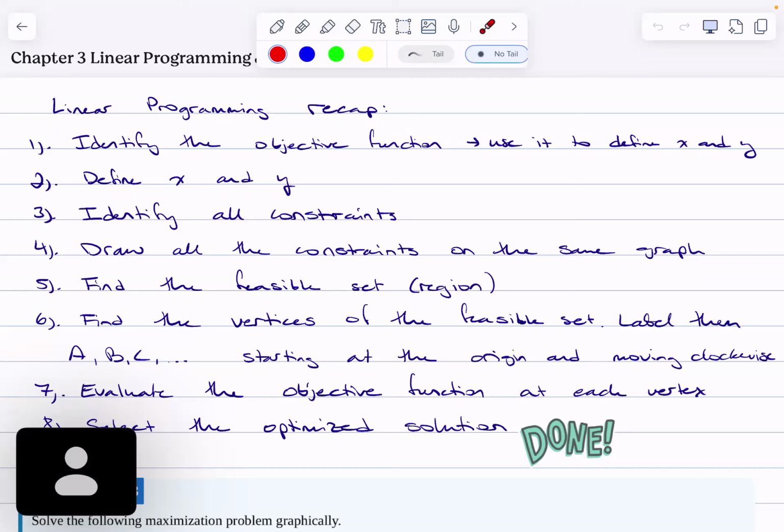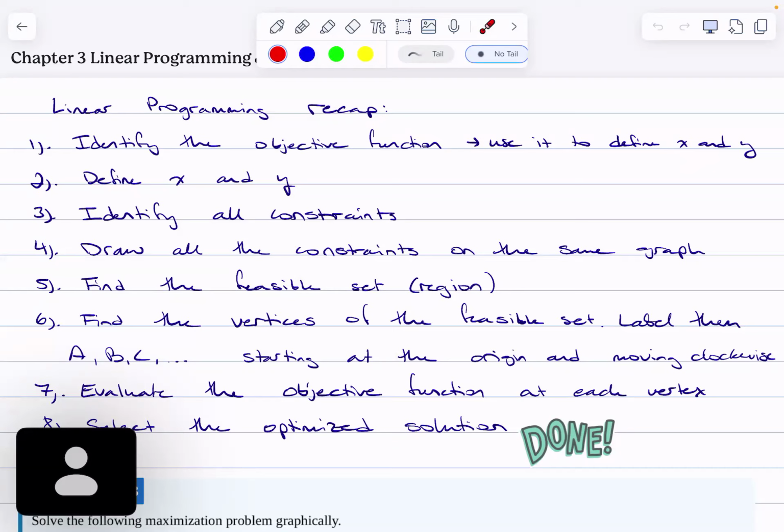If I want to maximize the profit, for example, and it takes into account some object A and some object B, then that's a good starting point for figuring out what my x and y's have to be, because my objective function has to have an x and a y, and so do my constraints.